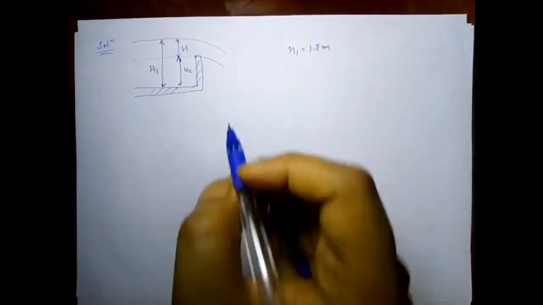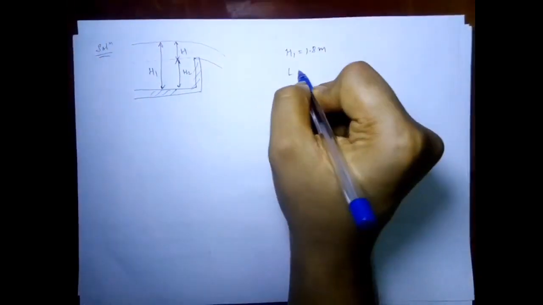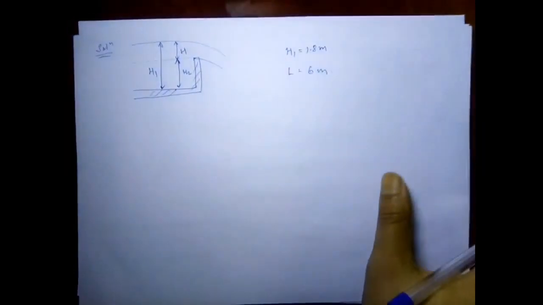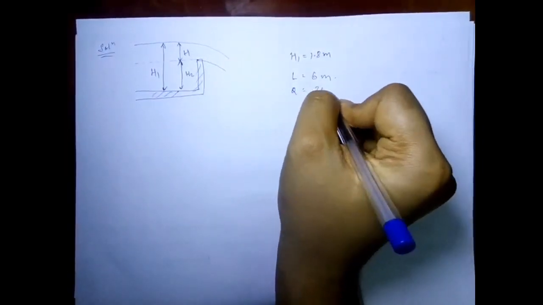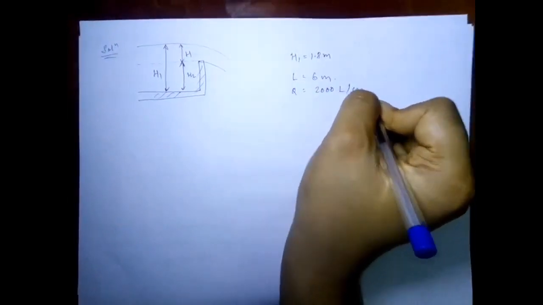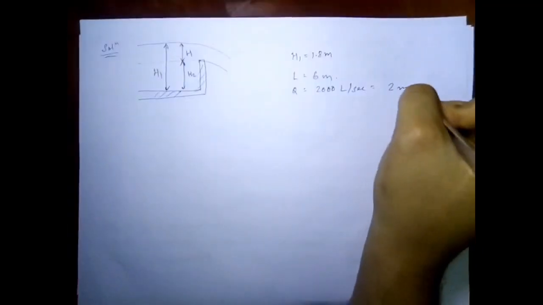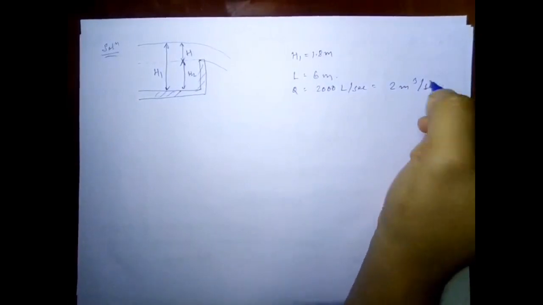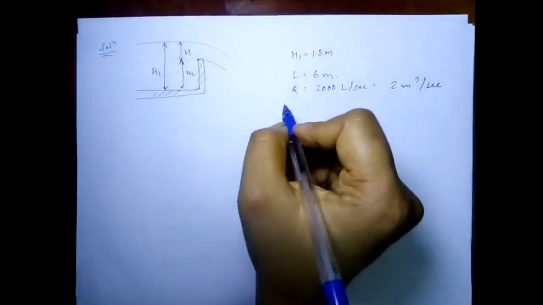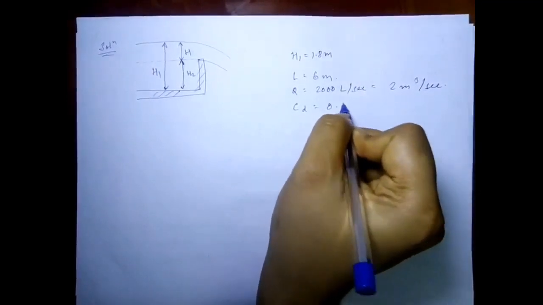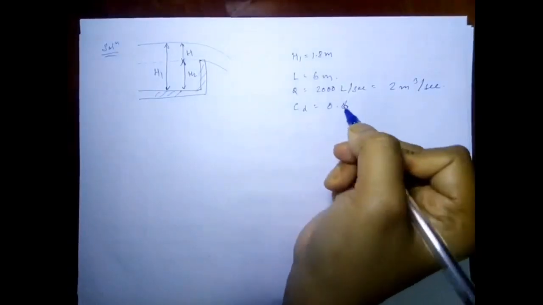Now length is also known, length is given as 6 meter, and Q is equal to 2000 liter per second, which is equal to 2 meter cubed per second. 1 meter cube is equal to 1000 liter, and CD is equal to 0.6.